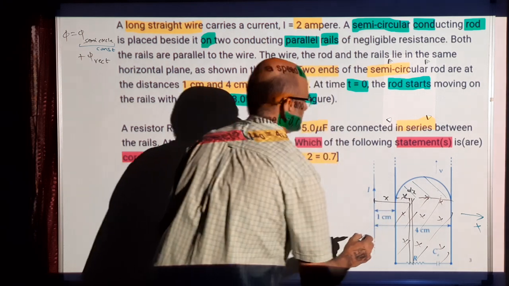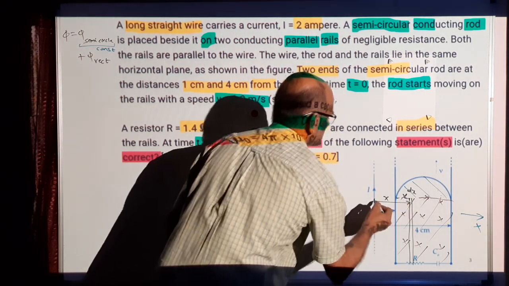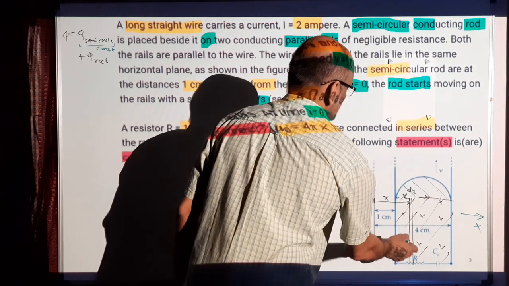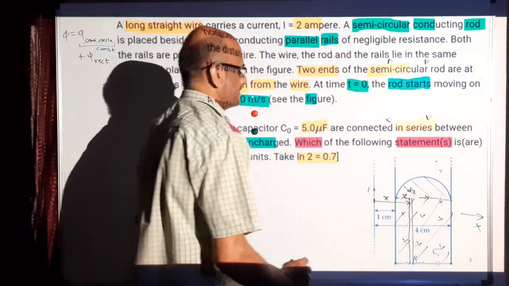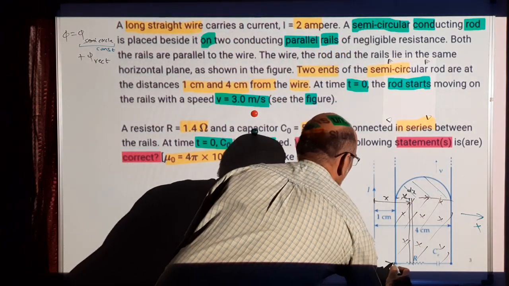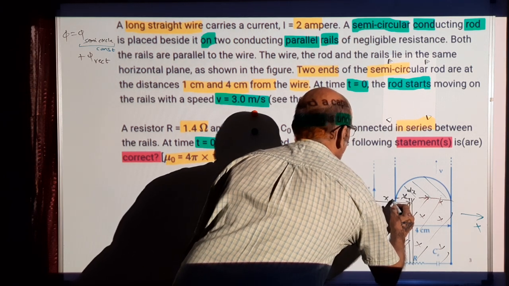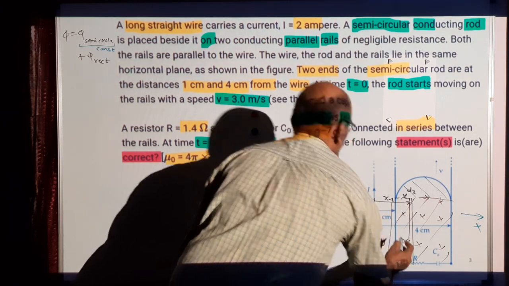This is the origin for x, and x is measured from x equal to 0. Let me call this y equal to 0, and this much is y, the semicircular part starting.